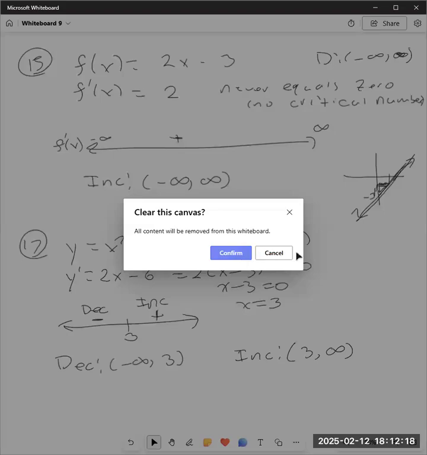All right, I'm going to clear the screen here. Move on to number 23. So let's come on down here to 23. f of x is equal to x to the 4th minus 2x to the 3rd.